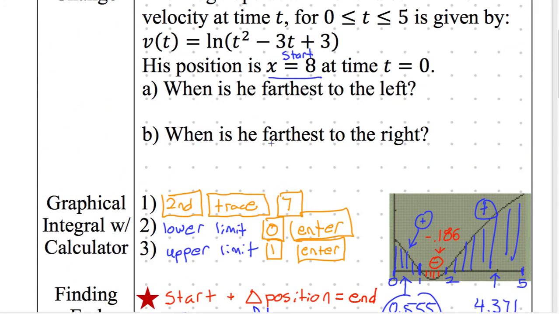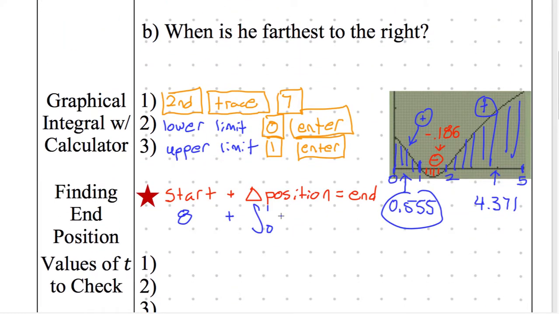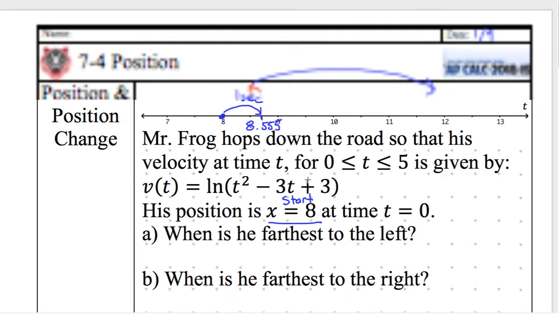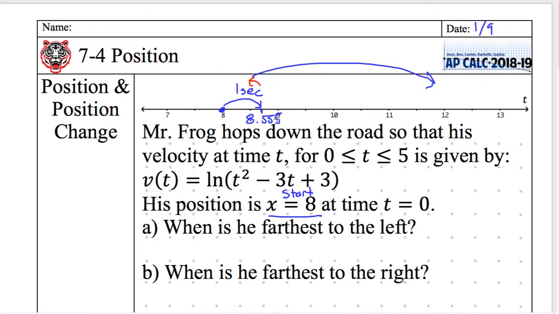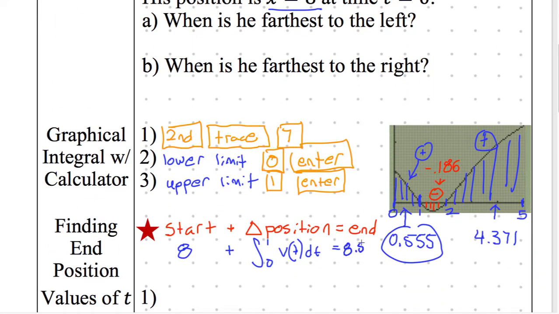Our function happened to be this function right here. You can write natural log of all this stuff, but we're lazy. I'm just going to write v(t), because v(t) represents the velocity function of natural log of all that. So I'm going to say the integral from 0 to 1 of v(t) dt. And that will be equal to, and we actually wrote it down up here, 8.555.